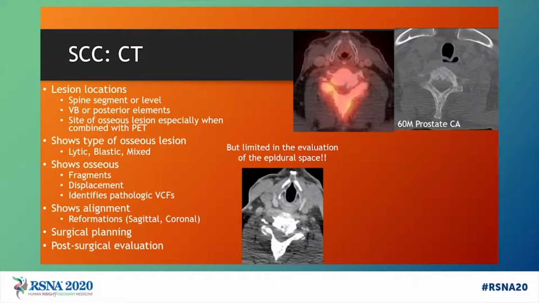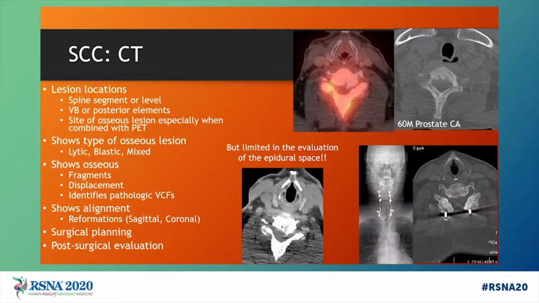We can identify if there is displacement of osseous fragments or if there's alignment abnormalities related to pathologic vertebral compression fractures on CT. And then CT itself can be useful for surgical planning and post-surgical evaluation, as in this case, the patient underwent surgical decompression and posterior spinal fixation for that cervical lesion.